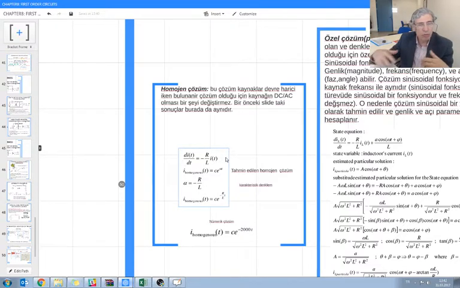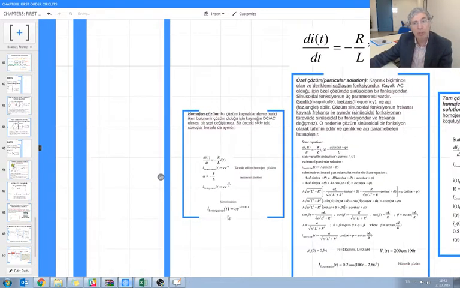So that means the homogeneous solution does not depend on the source, whether it is DC or AC. That's why the homogeneous solution is not going to change, but the particular solution is definitely going to change. So let's see this now.